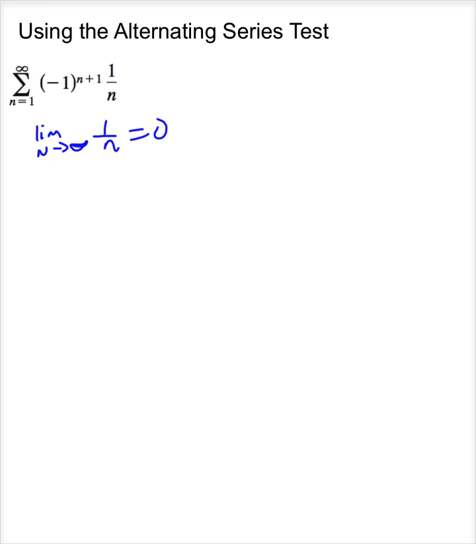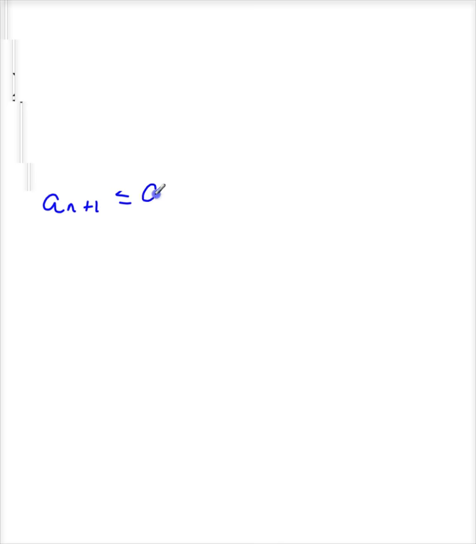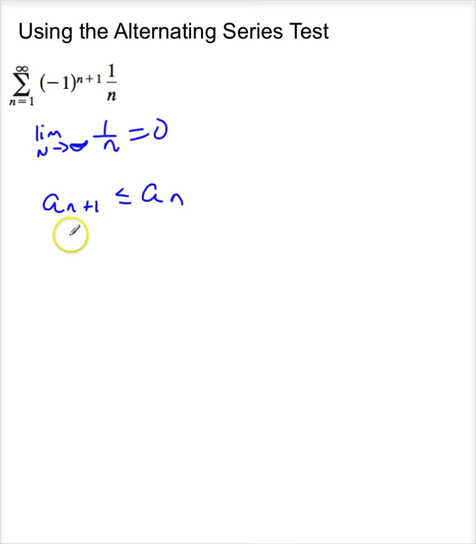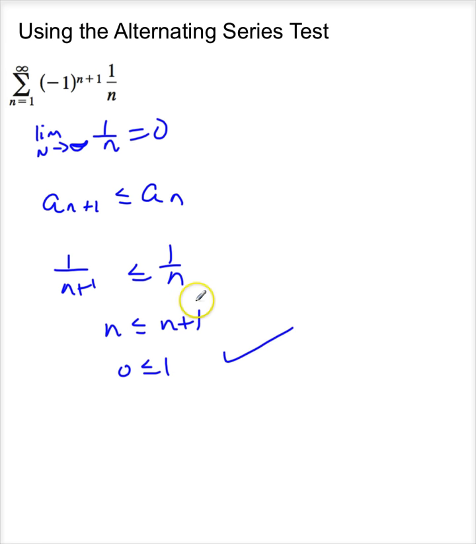And now we need to show that a_(n+1) is less than or equal to a_n. We're only looking at the positive terms, so 1 over n+1 is less than or equal to 1 over n. You can see this is a true statement.